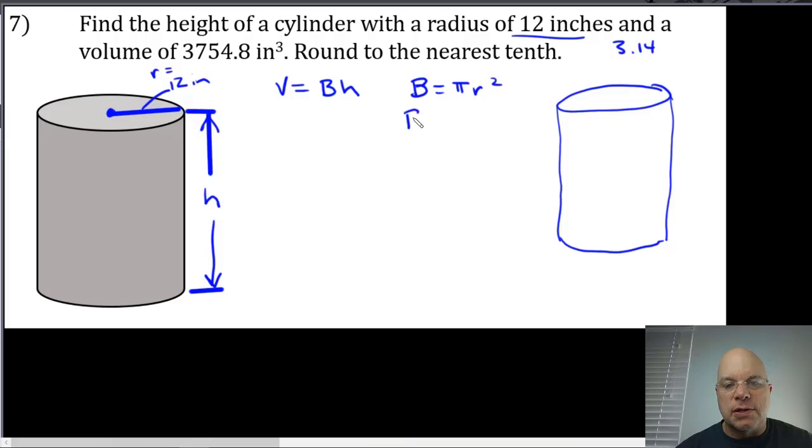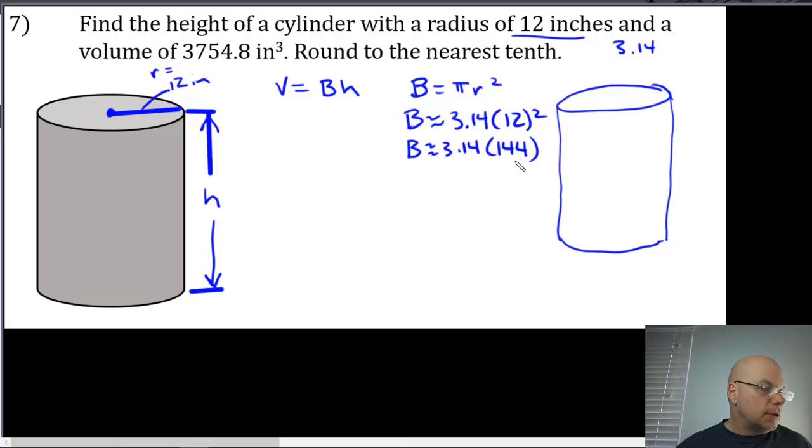The area of the base is going to be approximately 3.14 multiplied by, we're given the radius directly, so 12 squared. So area of the base is approximately 3.14 multiplied by 12 squared, which is 12 times 12, which is 144.